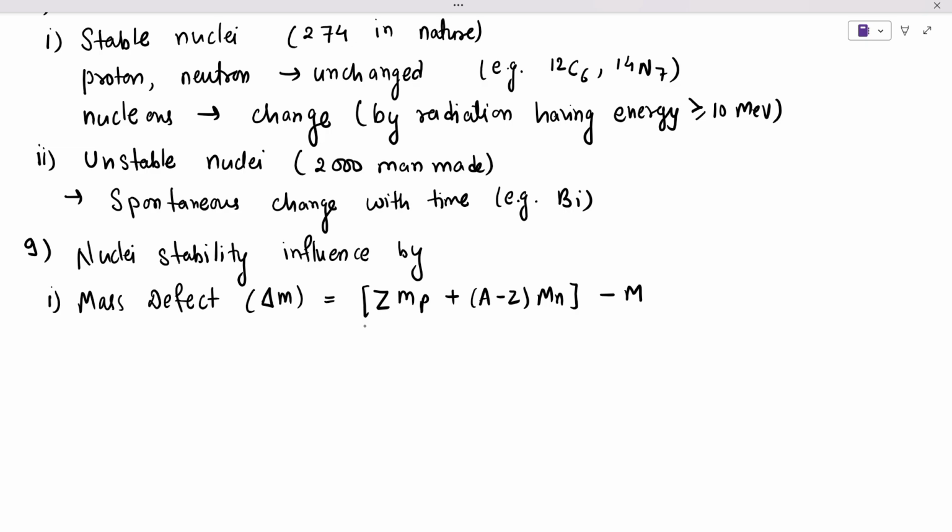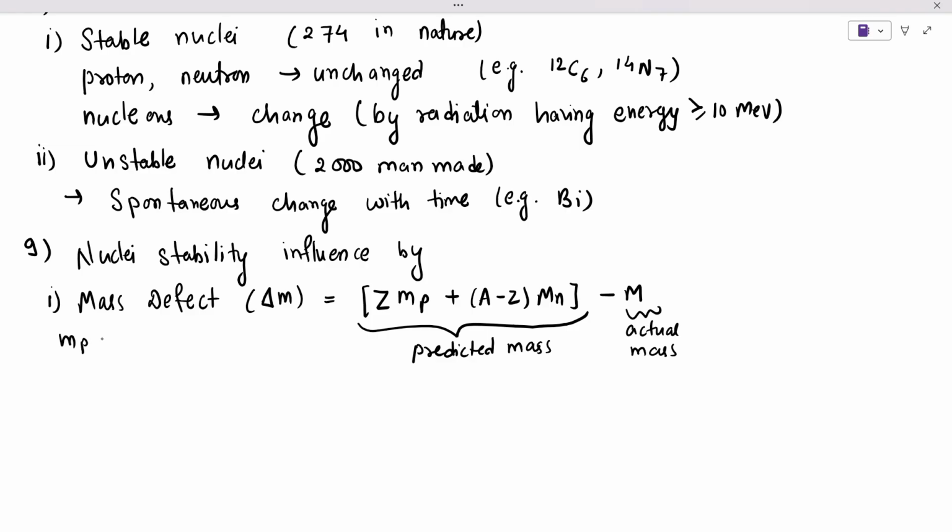Here Z is atomic number, or we can say number of protons, and A is mass number. So this is predicted mass and capital M is the actual mass. By subtracting both, we will get the mass defect.